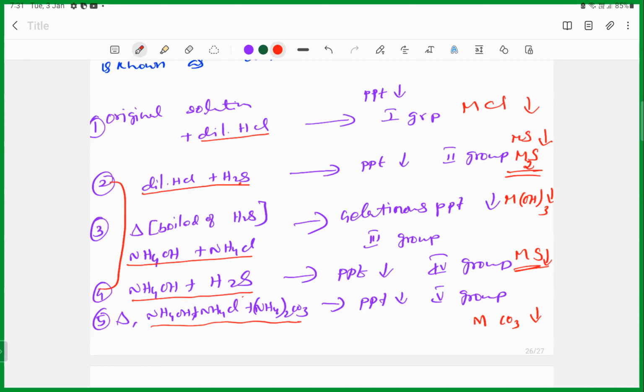What is the difference between second and fourth? By seeing the equation, you can tell.